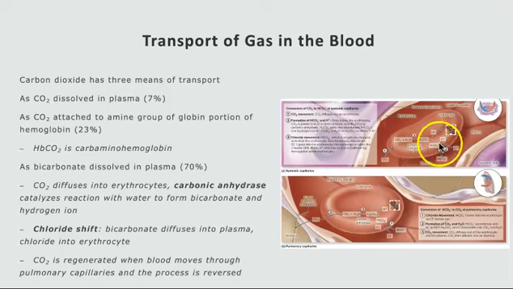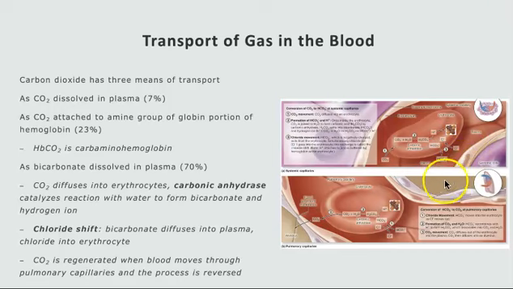Now, once we form this bicarbonate ion, how are we going to get it out of the red blood cell? We have to do what's called a chloride shift. So essentially, there is a transporter here that is going to take in our chloride in exchange for the bicarbonate ion. So that bicarbonate ion will then dissolve within the plasma here.